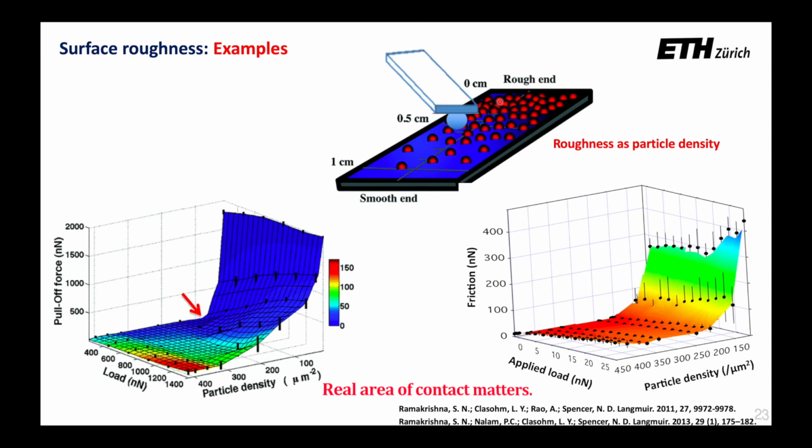So the more particles come into contact, the higher the adhesion. The friction shows a similar result: the more particles come into contact, the higher the contact area and the higher the friction. By the way, instead of a sharp tip, a big colloid is used here just to have a larger contact area.